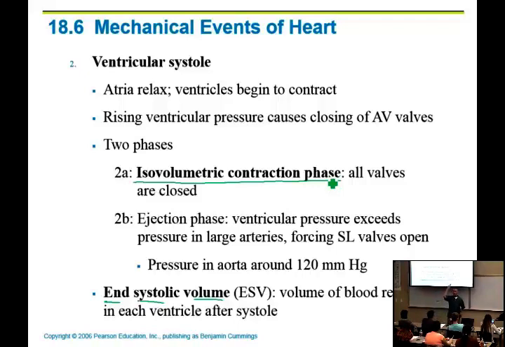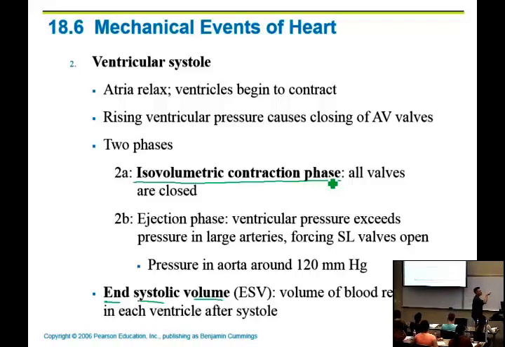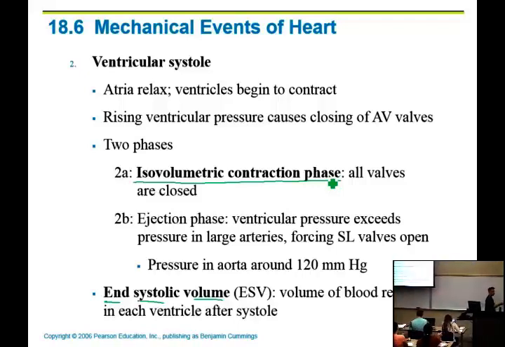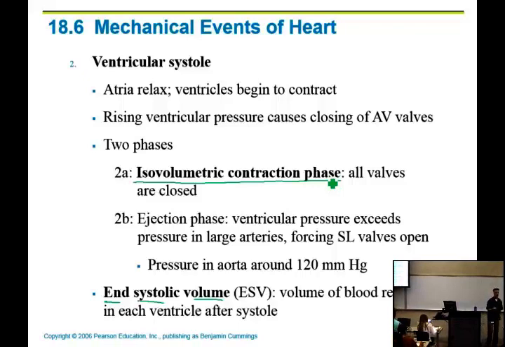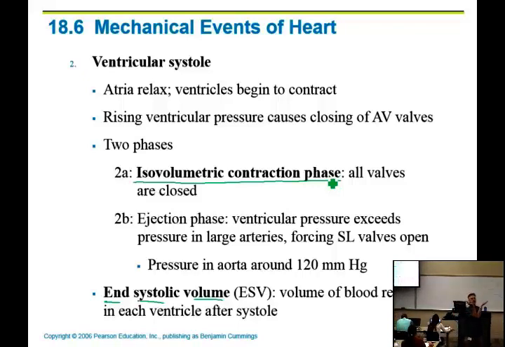Iso means the same. So isotonic means it has the same concentration inside and outside the cell. Isosceles triangle, the sides and the angles are the same, etc. So isovolumetric contraction means that the volume of these ventricles that are all loaded up is not changing yet. They're basically starting to contract, but the volume is not actually changing yet.